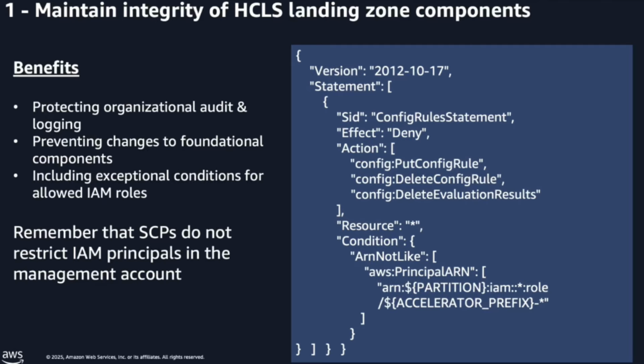If you want your AWS landing zone to remain secure, it is important that unintended changes are not made to the LZA. This SCP is designed to maintain the integrity of your Landing Zone Accelerator deployment and can be useful for protecting organizational audit and logging data, for preventing changes to foundational resources, and exceptional conditions for allowed IAM roles.